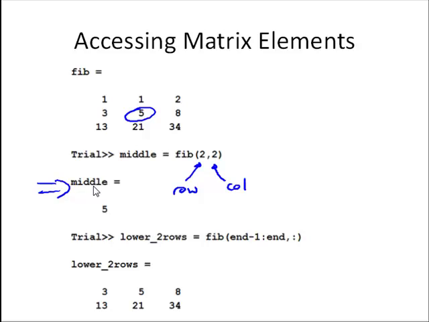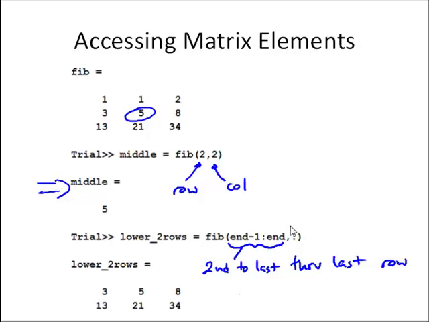Another example here using the colon operator and the end keyword. Let's say we want to take the lower 2 rows and write this in its most general form. We could read this as the second to last through the last row, and that's this part.